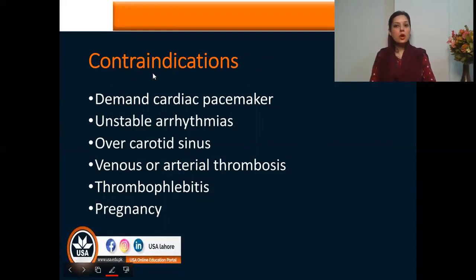Let me tell you about the contraindications, meaning the conditions in which you are not allowed to apply this current: demand cardiac pacemaker, unstable areas. You are not going to apply over the thorax and chest, over the carotid sinus, venous and arterial thrombus, thrombophlebitis, and in case of pregnancy, you are not going to apply over the abdomen, back, or pelvis of the female.